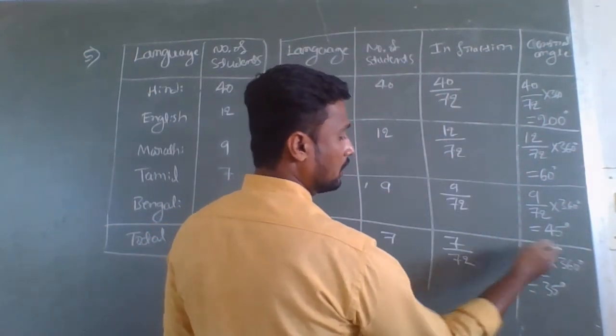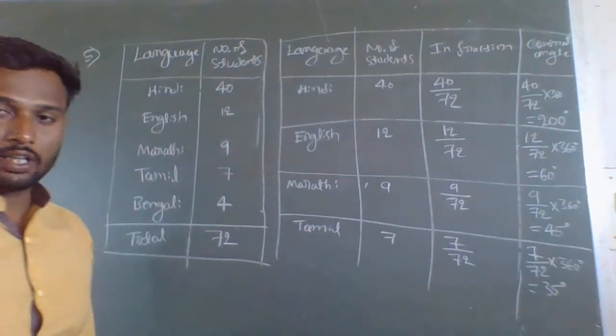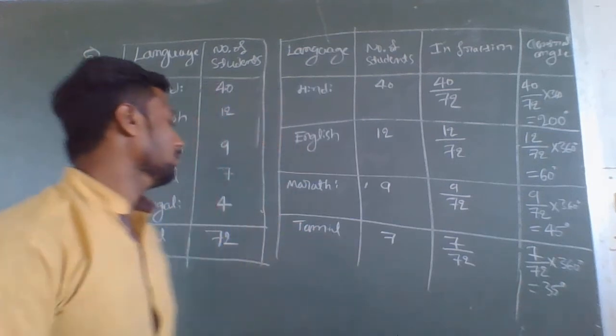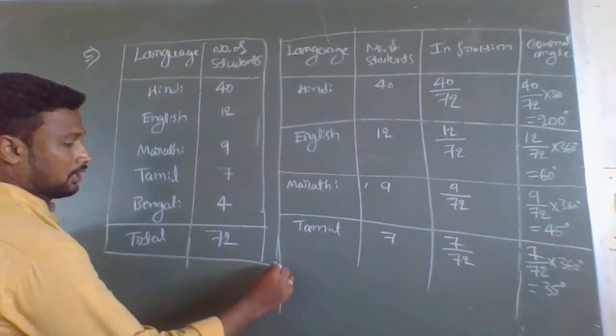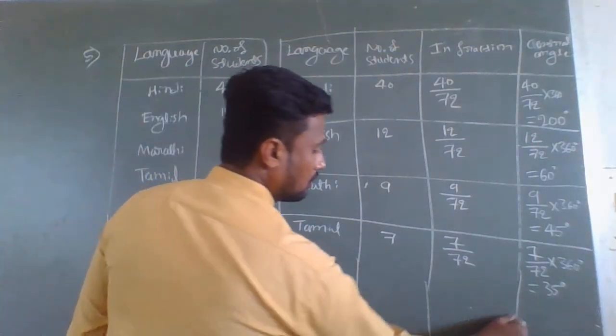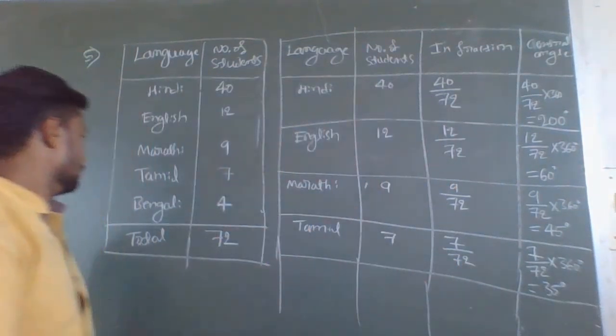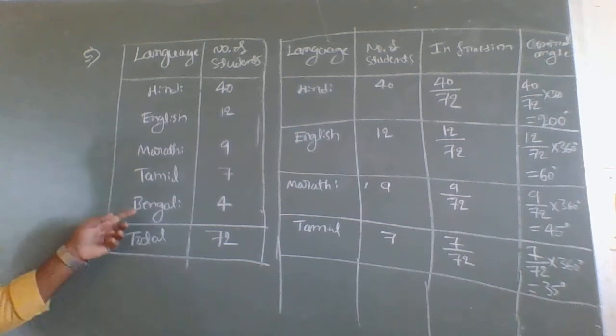7 by 72 into 360, you have to calculate that. What answer will you get? 35 degree. Here I have written it directly. Next remaining one is Bengali, spoken by 4 students.